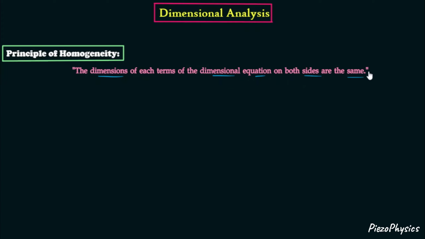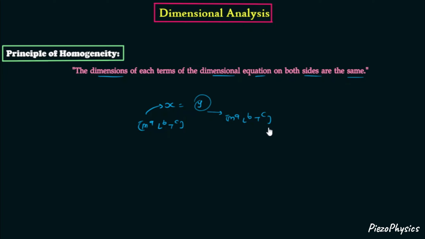So what this statement conveys to us is that if we have one equation which is x equals y, suppose the dimensions of this x quantity are M^a L^b T^c, then the dimensions of y should also be M^a L^b T^c.